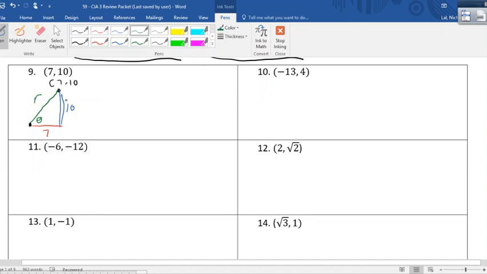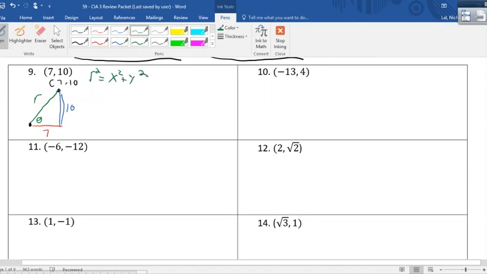Using right triangle trigonometry, we see that r is the hypotenuse of the right triangle, and theta is the reference angle of the right triangle. So we can derive the polar equations we're going to need. r squared is equal to x squared plus y squared.